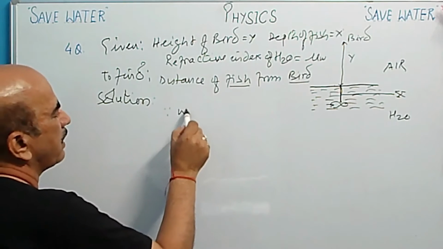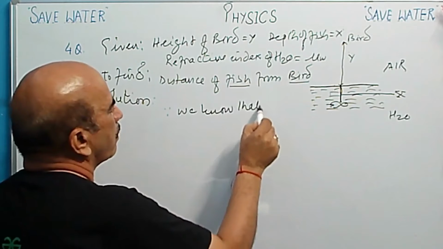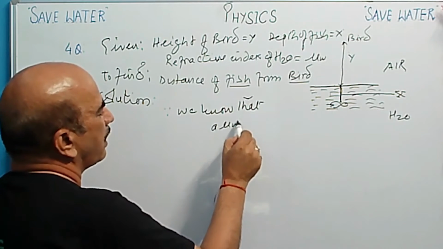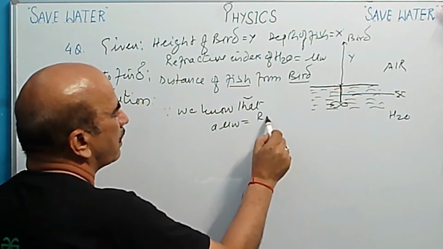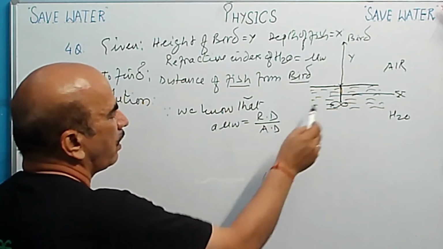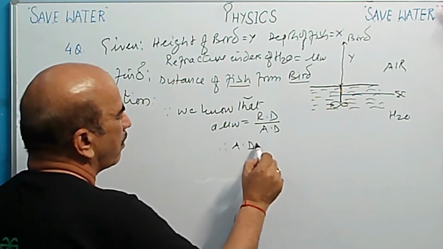Now we should write down, since we know that refractive index of the medium, here it is water, is equal to real depth upon apparent depth. So here what will the apparent depth be? Therefore apparent depth will be real depth upon refractive index.